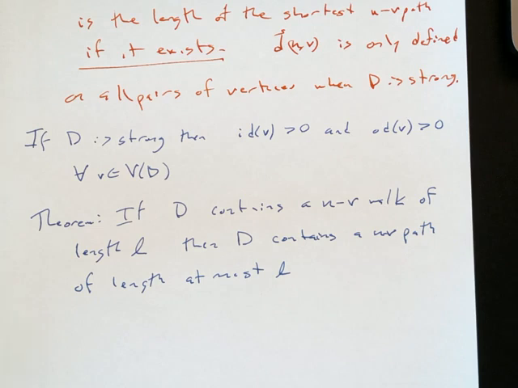The shortest path from U to V is called, sorry, what? A geodesic.